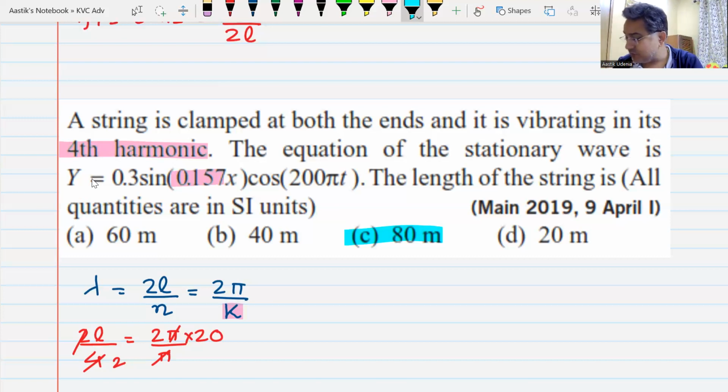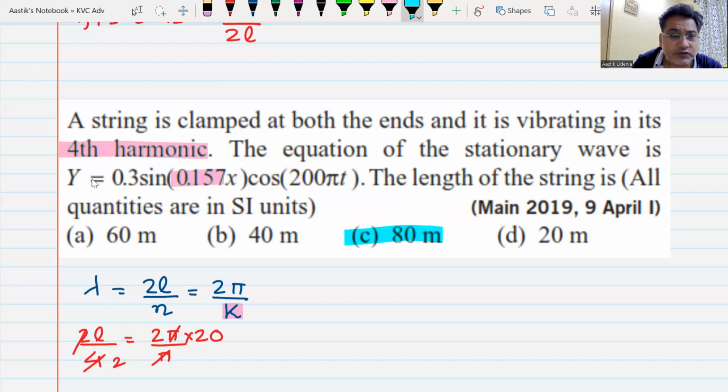Let us now quickly move on to the next thing and note it down fast. You don't have to note down everything. Apparatus for finding speed of sound.